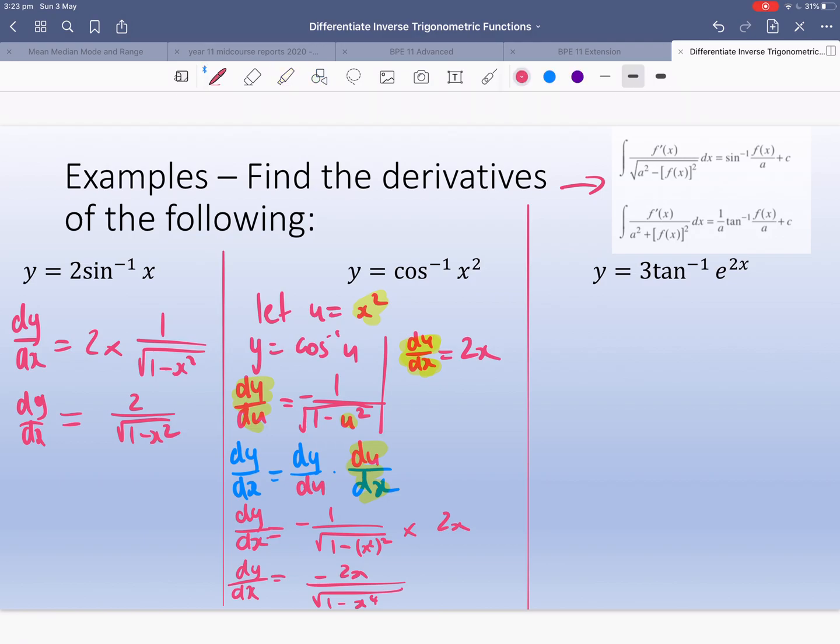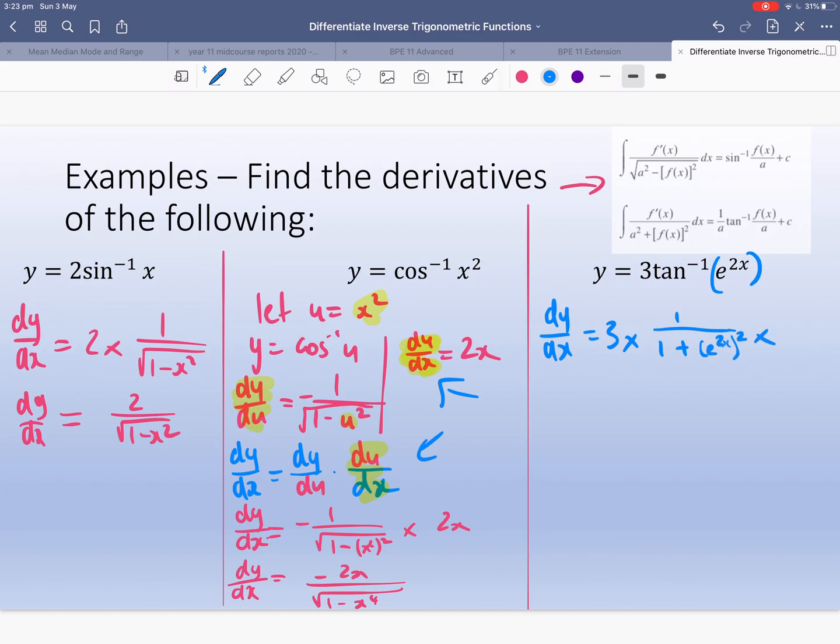So I'm going to try do it without doing the chain rule in this case and see how we go, okay. So I'm going to go dy dx is going to be 3 lots of tan inverse. The derivative of tan inverse is 1 over 1 plus x squared. Now our x is this thing in here. So I'm going to put e to the 2x, squared, all right.